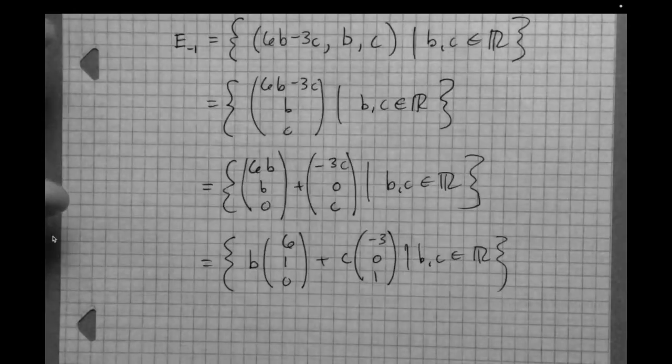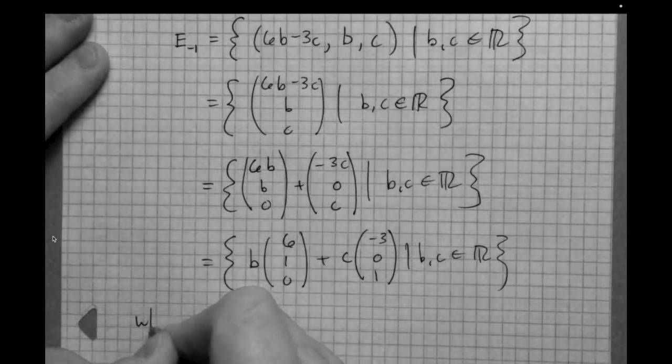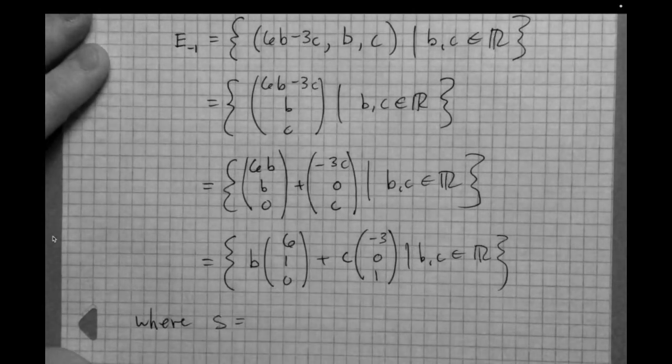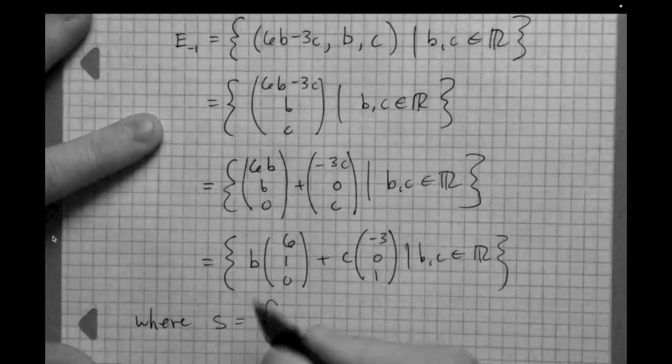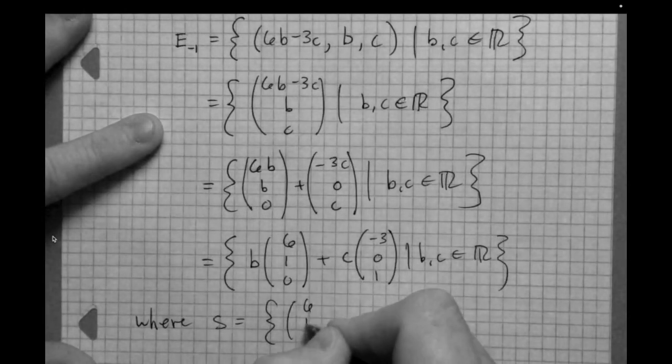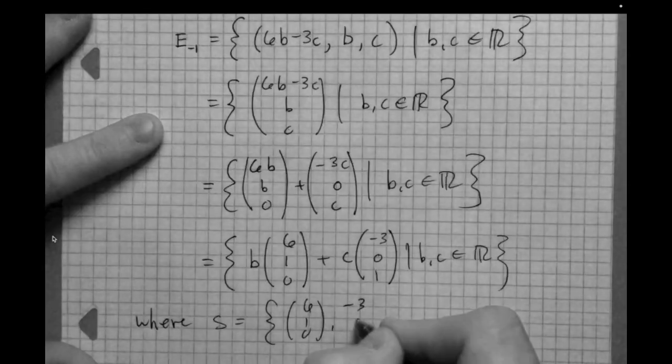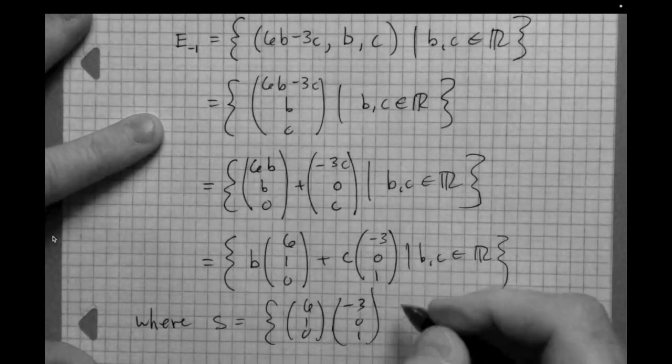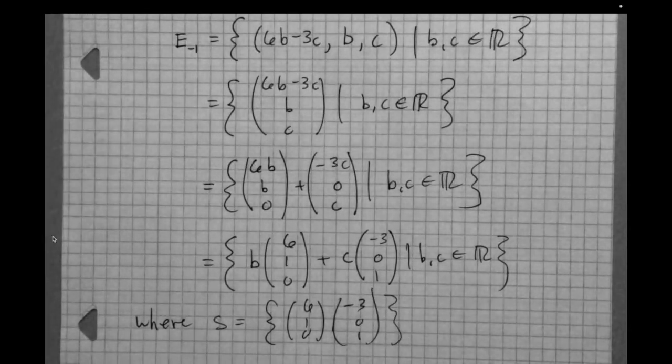Right, like so. Now, following along with what we previously discussed, we can see here that S is just going to be the set {(6, 1, 0), (-3, 0, 1)}. Right?